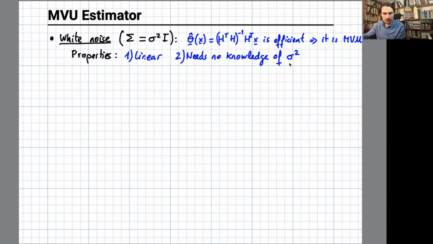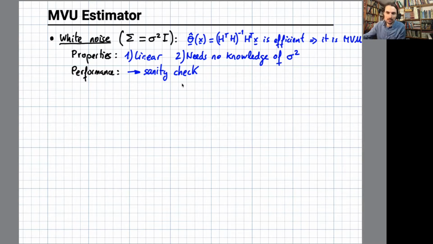So even if we don't know sigma square, we can still apply this estimator. That is an important benefit in practice. And regarding performance, we know that it is unbiased, and that its covariance equals the inverse of the Fisher information matrix, just because it is efficient.